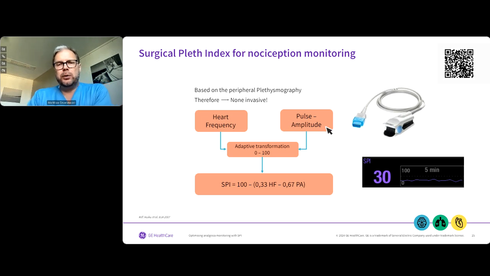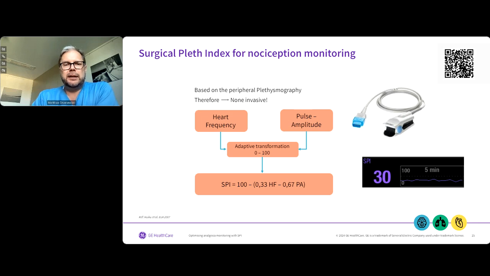And they found out that when we used just the pulse plethysmographic signal, the combination of pulse amplitude and heart rate may be sufficient to calculate an index, the so-called Surgical Pleth Index, giving us a signal of the antinociceptive component of anesthesia.